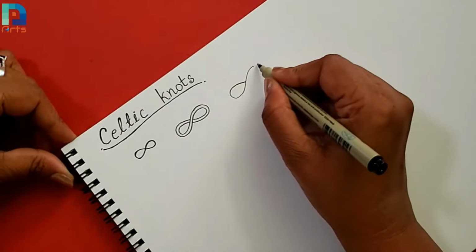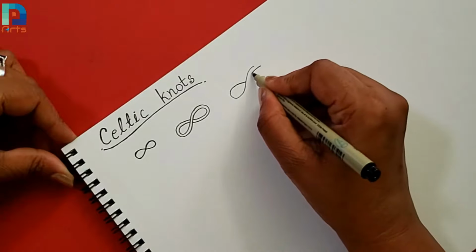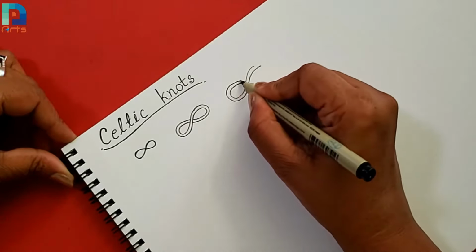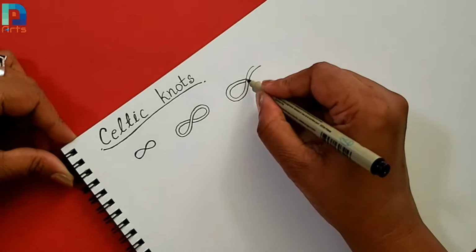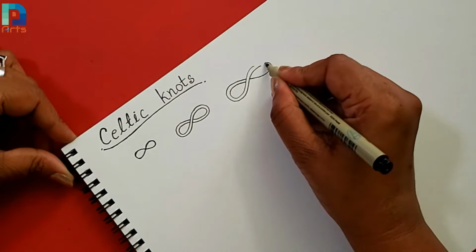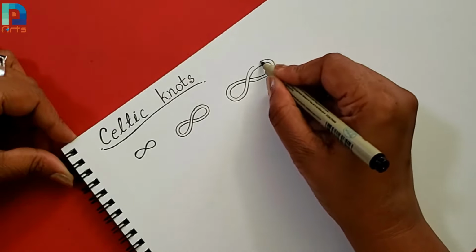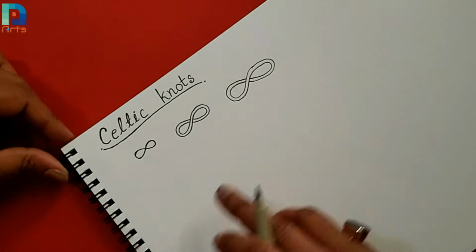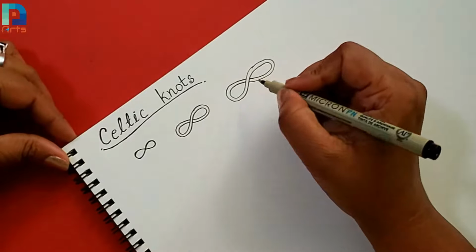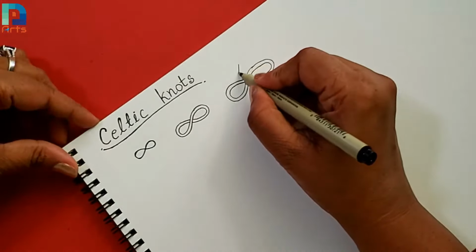I just drew this wavy line and joined it, and then this parallel wavy line, and now here it's joining and completing the loop. So we see no start and no end in this loop, so that's why we can put this one into the Celtic knot. And now you can add your own artistic style into it.